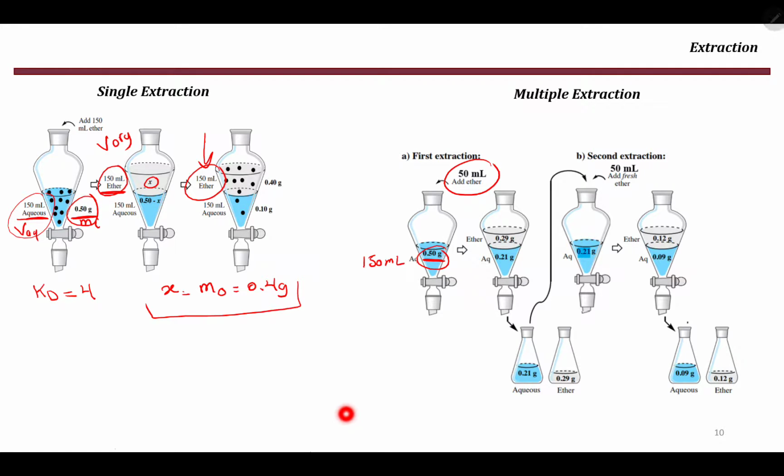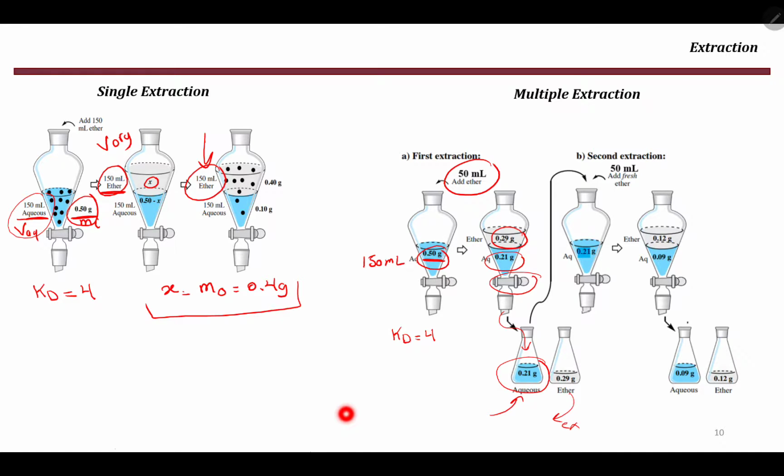Again, given that the KD value is equal to 4 in this case here, if you do the math, you will notice that the mass of the compound in the organic layer will be 0.29 grams. So 0.21 grams will remain in the aqueous layer. Now, I open the tap here and drain the aqueous layer, and now this is the extracted amount.